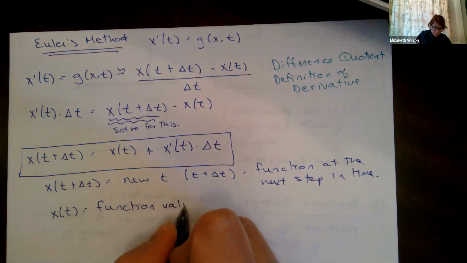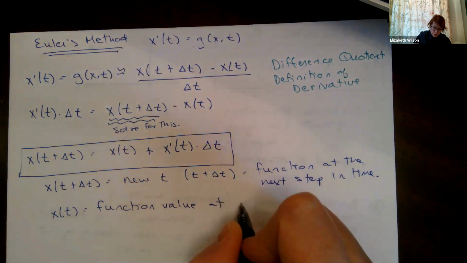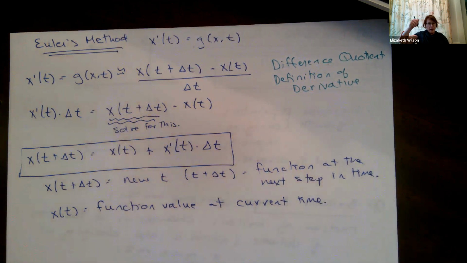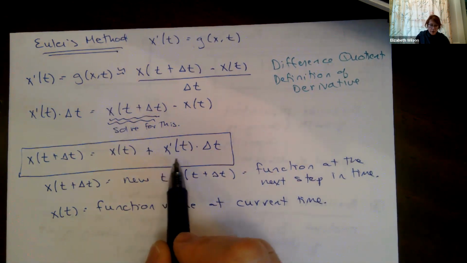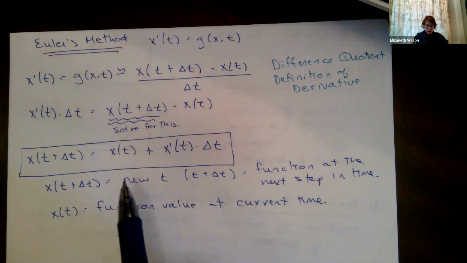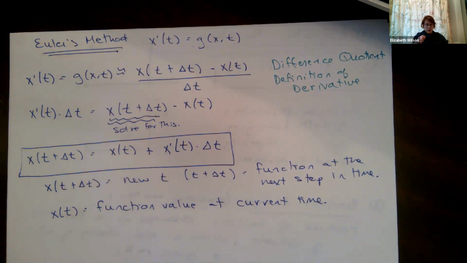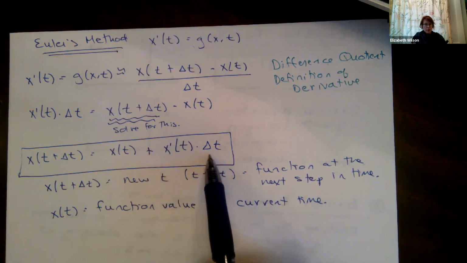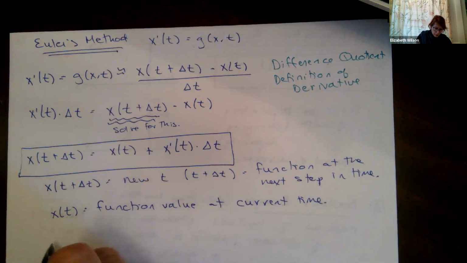Function value at current time. Where am I right now? That's x of t. How do I know where I'm going to be? Because I know where I'm at right now, that's x of t, and I can predict it because I've got the rate of change times my little time interval. So I'm going to go x prime of t times delta t.